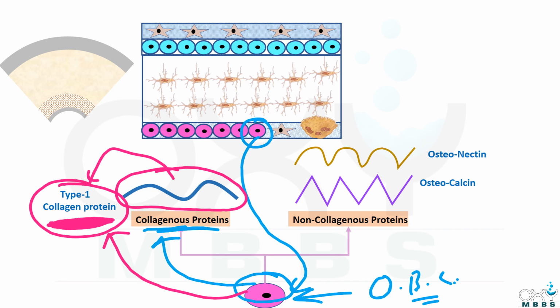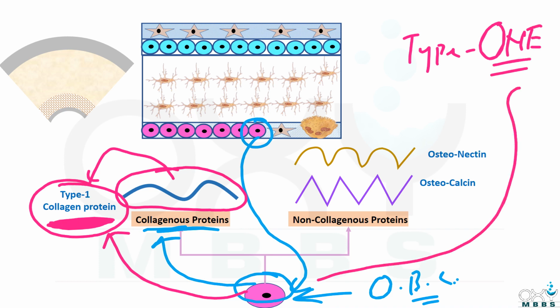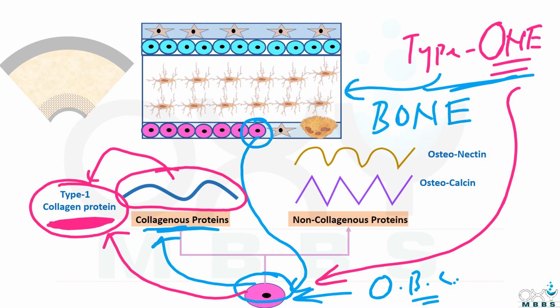Now how will you remember that type 1 collagen protein is secreted by these osteoblast cells? It is very simple, friends, as this protein is present in the bone. Just write bone here. Now in the bone, the O-N-E will remind you that this is related to 1.